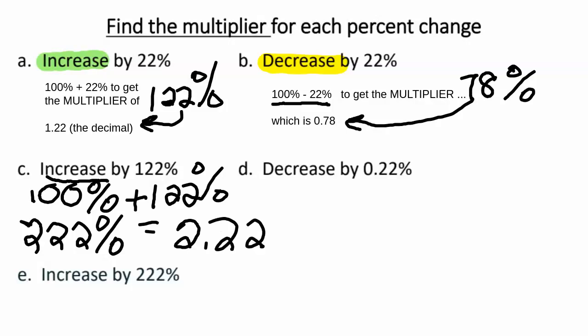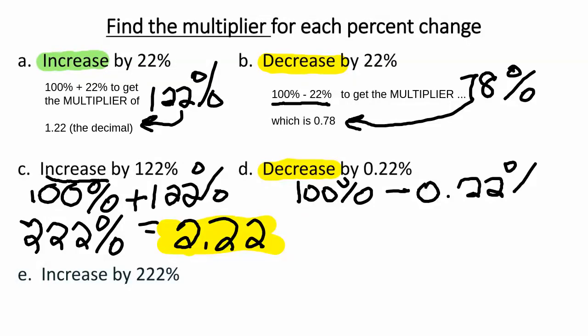This is my multiplier. Now, some of you may not like D. This says decrease. Well, it's still the same thing. We are taking 100% and we are subtracting 0.22%. Now, I'm going to get a decimal.